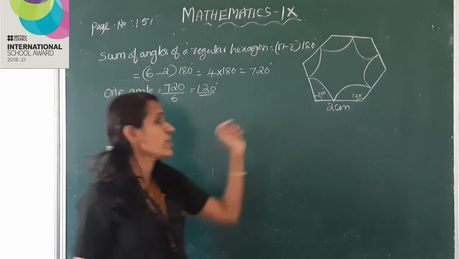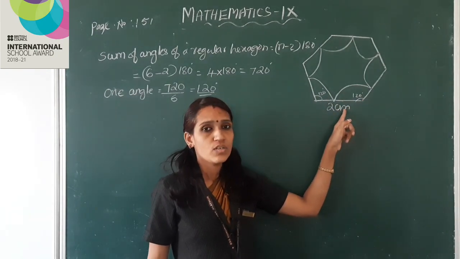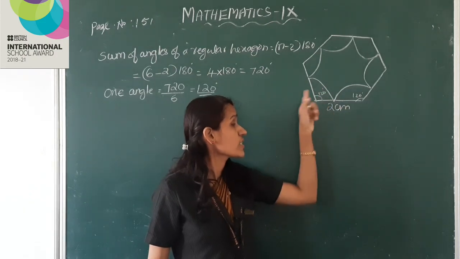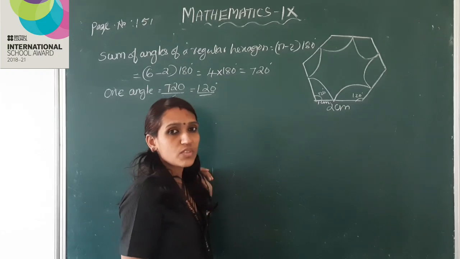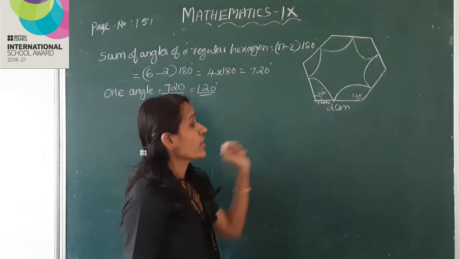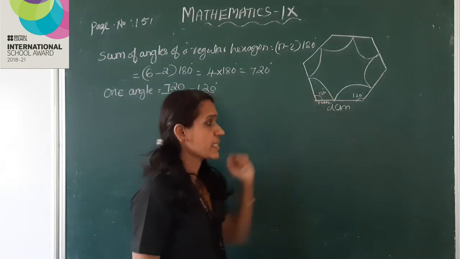Here, one side of a regular hexagon is 2 centimeter. So the radius of this sector is 1 centimeter. Next, we have to find the area of one sector.